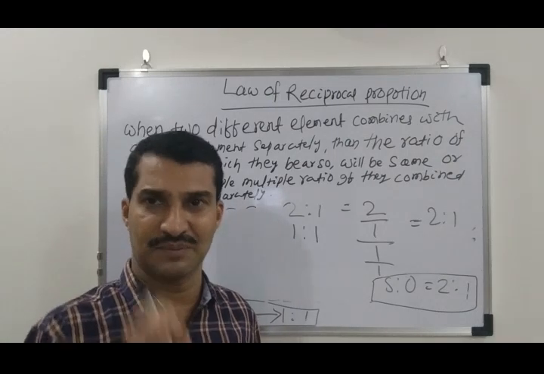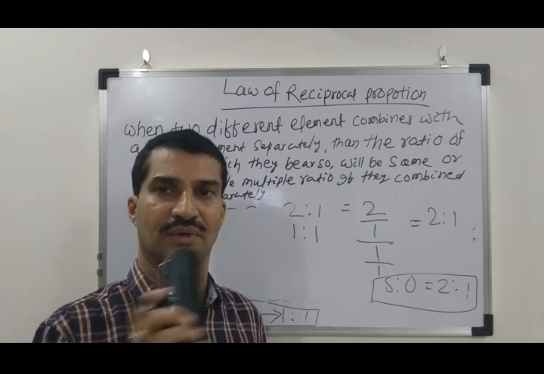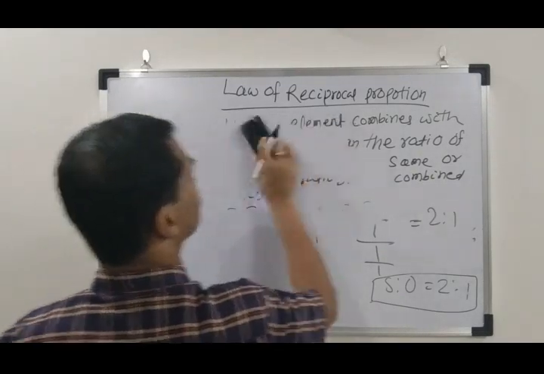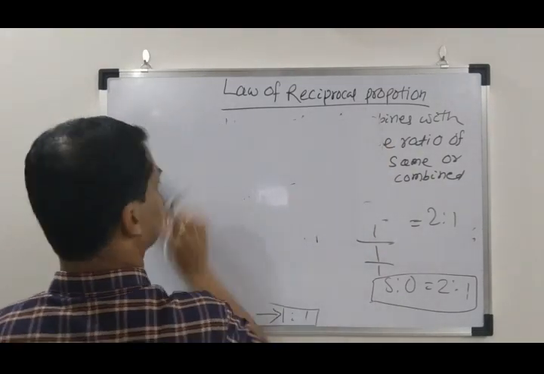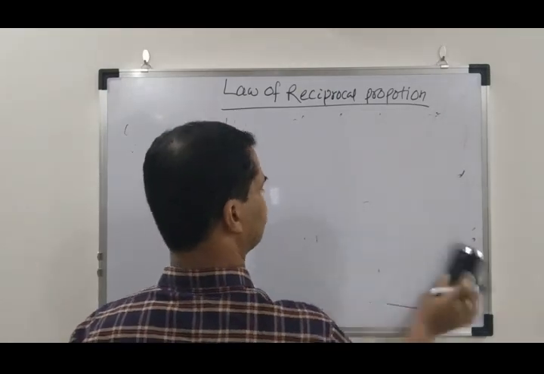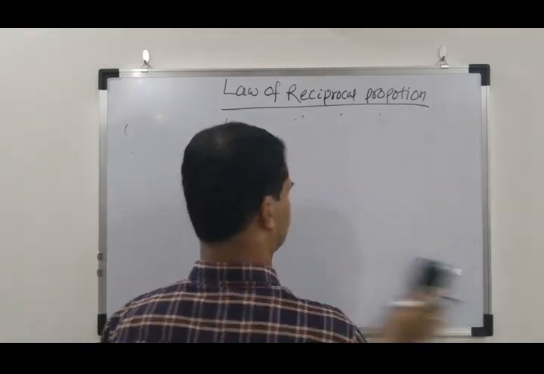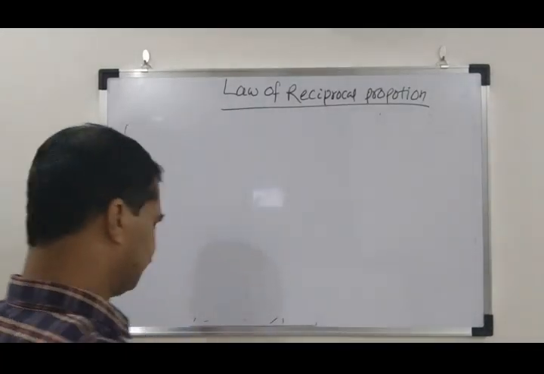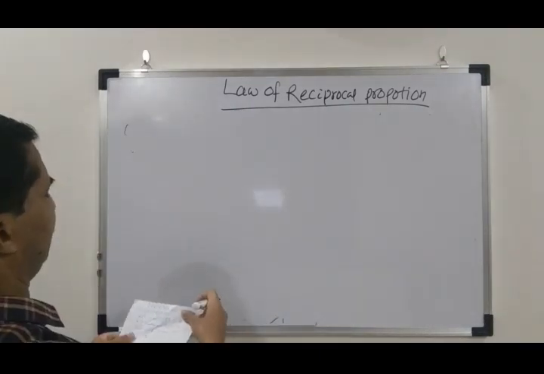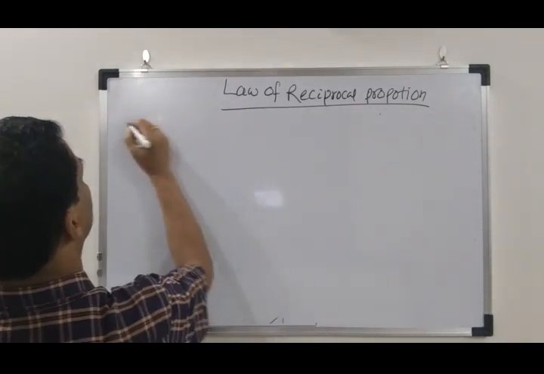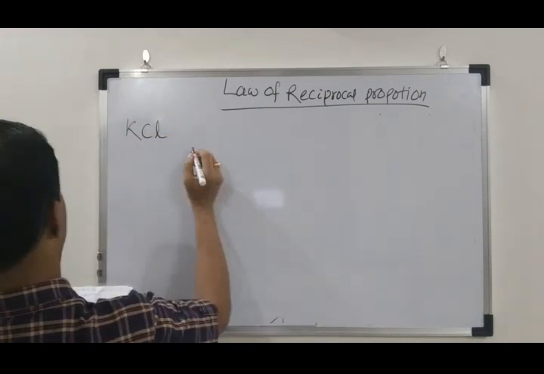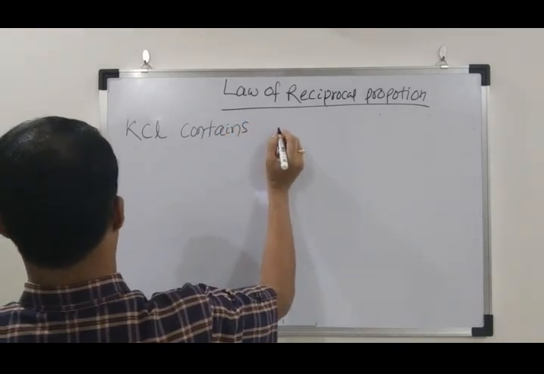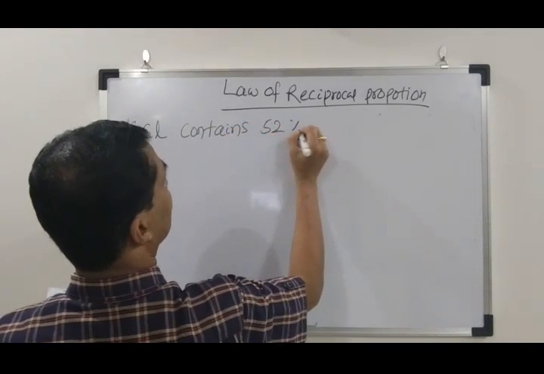Now let me take a numeric problem for the law of reciprocal proportion quickly. The problem is, let's say potassium chloride, KCl, contains 52% potassium.